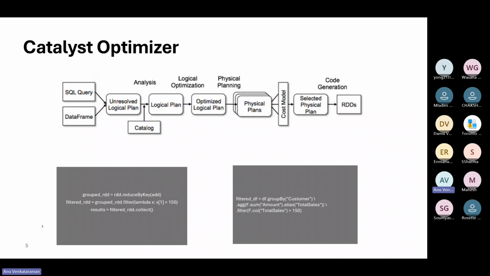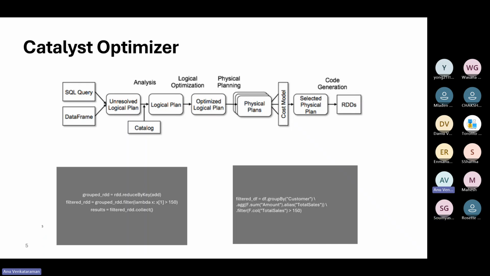Spark driver, it will internally prepare an unresolved logical plan, and it goes through an analysis process, doing a schema check, syntax check, and preparing a logical plan. The Catalyst Optimizer applies rule-based optimization and prepares an optimized logical plan.